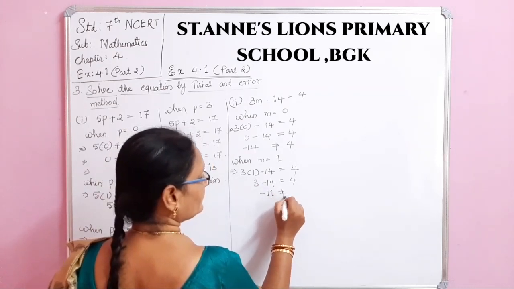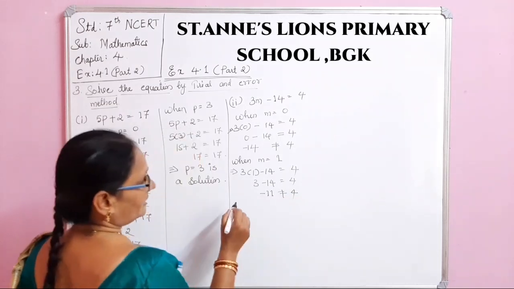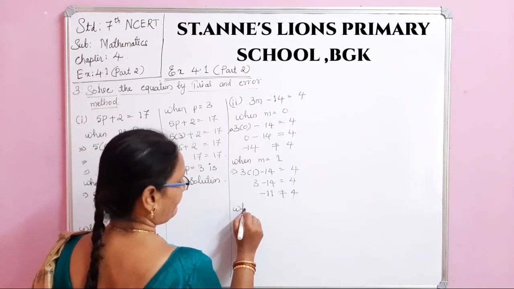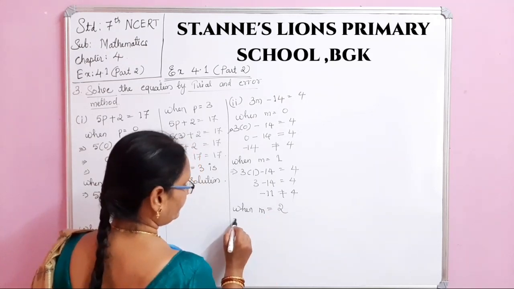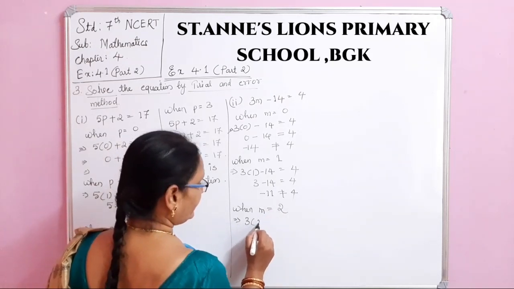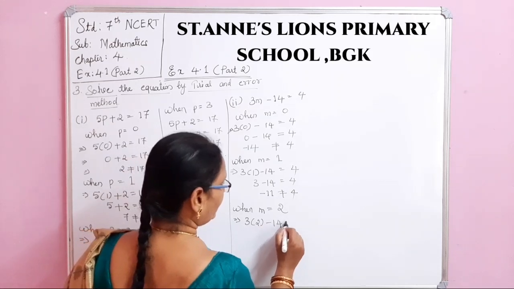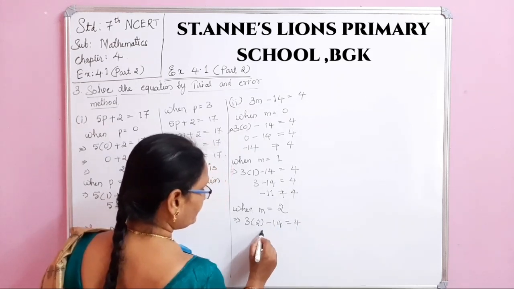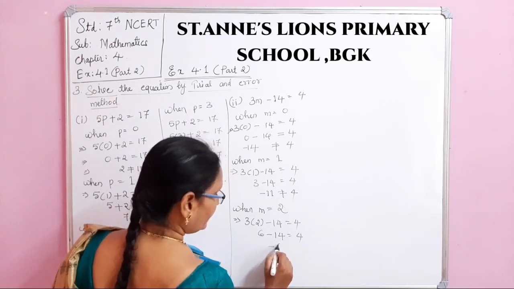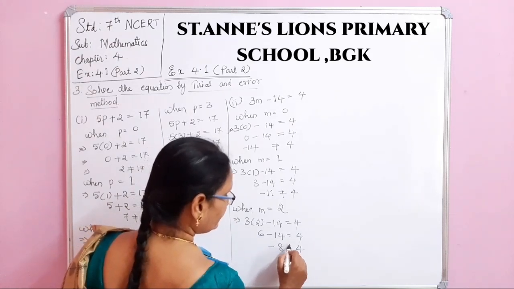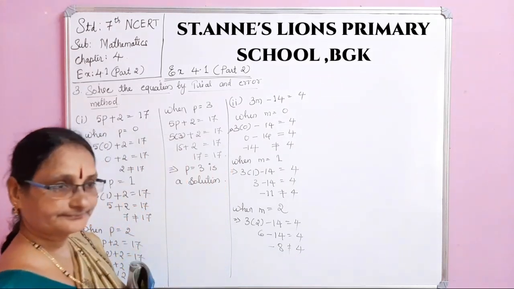Minus 11 is not equal to 4. Then when m equal to 2, 3 into bracket 2 minus 14 is equal to 4. 3 2s are 6, minus 14, then minus 8 is not equal to 4.